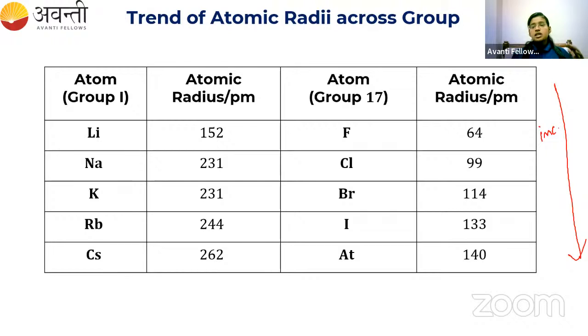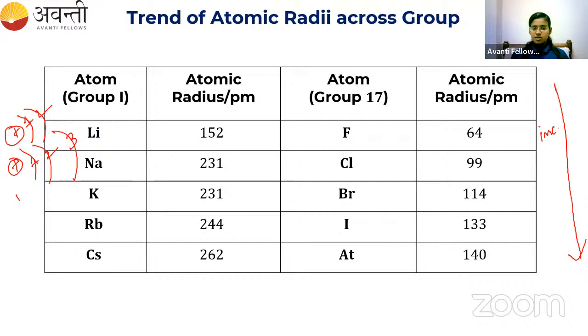Because the electrons are added into the new shell. So if this is the nucleus of lithium, it will have shell number 1 and shell number 2. If I go for sodium, it will have shell number 1, 2 and 3.